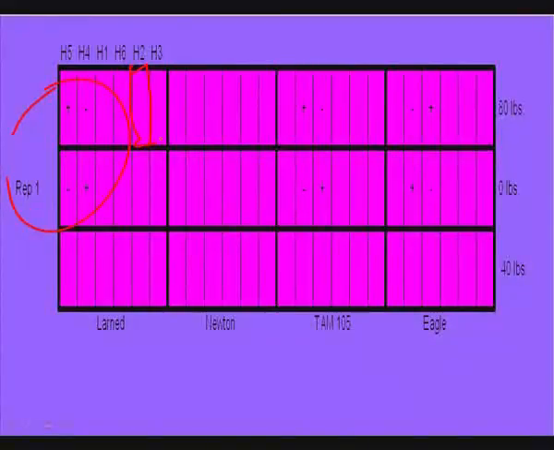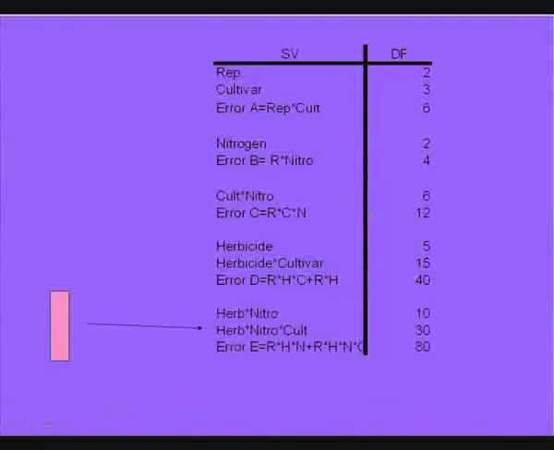And if you look at a 3-way interaction contrast, here's an interaction contrast between 2 herbicides and nitrogen and TAM1, and then you take the difference between that and the same contrast over here for Eagle, then that would form a 3-way interaction contrast. And so the 3-way interaction contrast also involves these little fellows. And so the experimental unit size for both the 2-way interaction contrast and the 3-way interaction contrast involves that size of experimental unit.